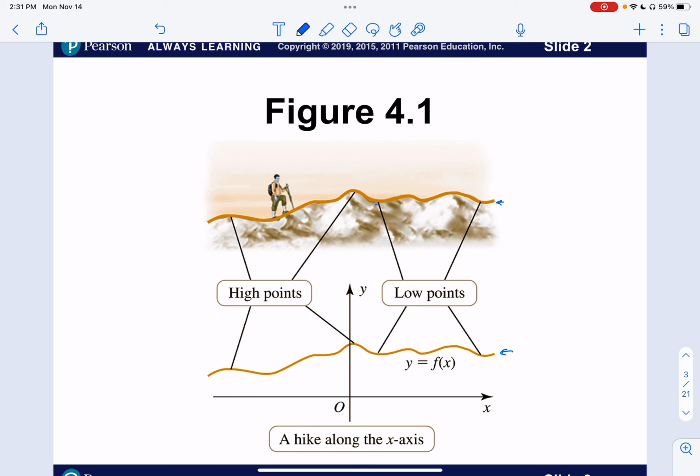So we have low points that happen maybe about here and about here, and we have high points, little peaks here and here, right?